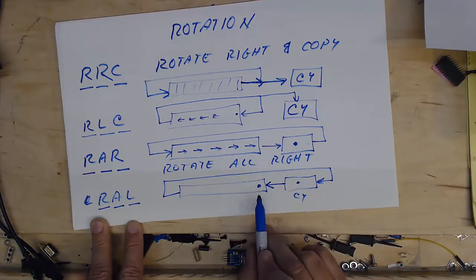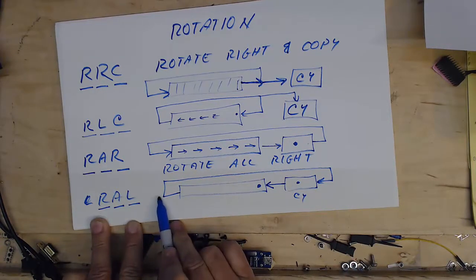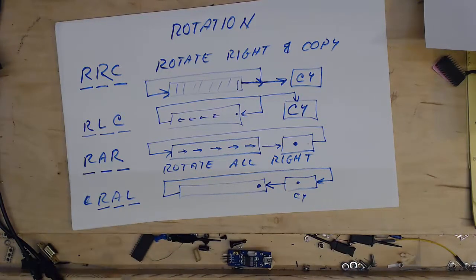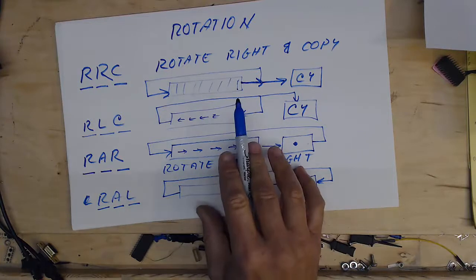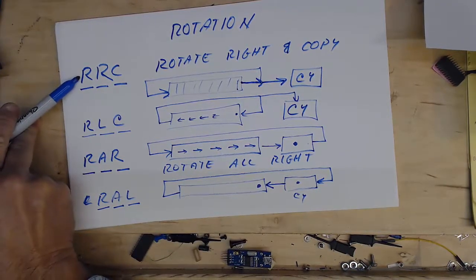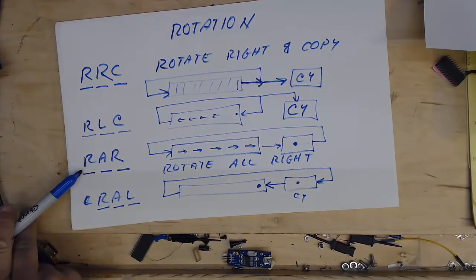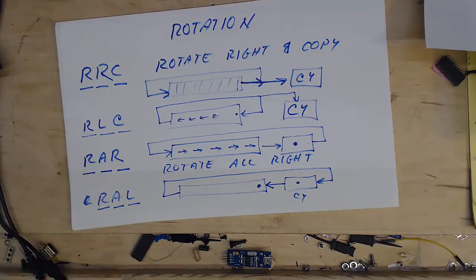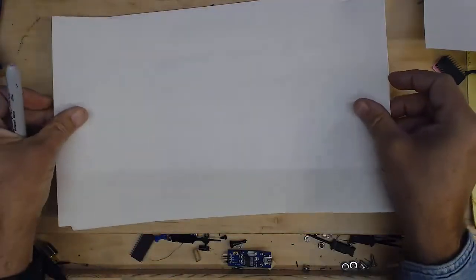Or if you're doing a rotate left, whatever comes out of the left-hand side of the accumulator goes into the carry, and whatever's in the carry gets loaded to the right-hand side. So those are our rotates, and that's the easy way to keep the different kinds of rotates, RRC and RAR, different. Rotate right and copy, or rotate all right. Those are our rotate instructions.